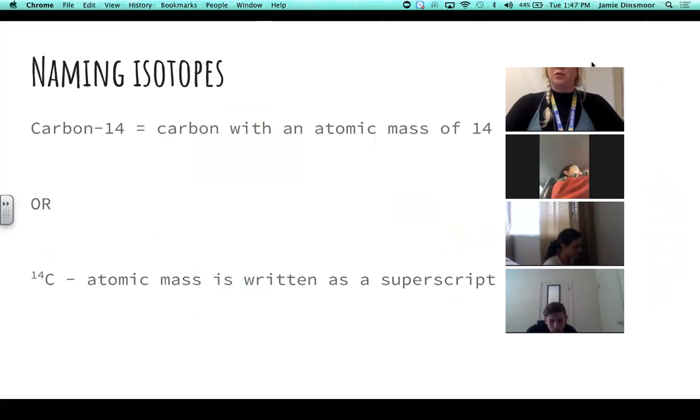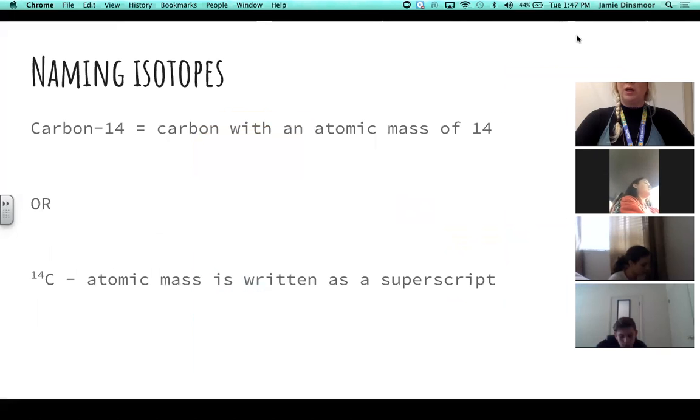Naming isotopes. So there are two ways that we may see these isotopes named. They will always have a number associated with them, which we will talk about in a second. You may see the number written as a superscript. You may see it written as a dash. So what does that actually mean, right? Well, that's telling us the atomic mass.